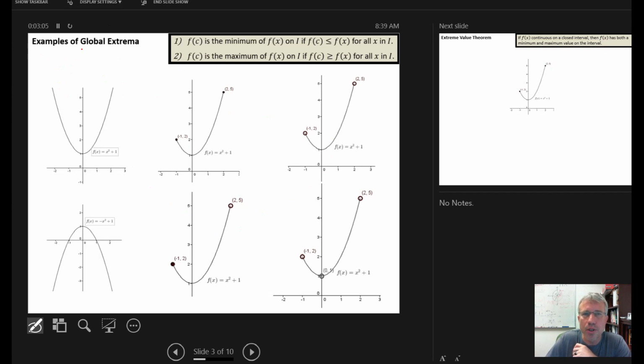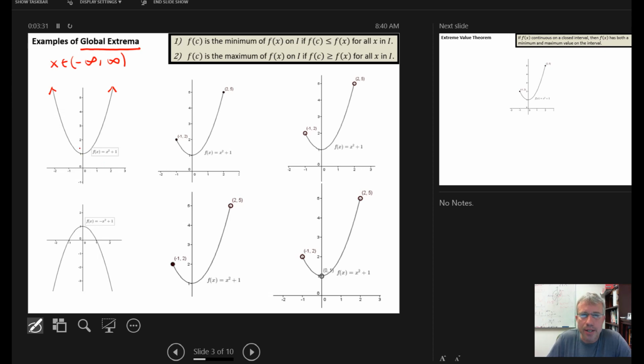So if we're looking for global extrema, the largest or smallest possible output on an interval, first you look at the function you're working with. So here I have a parabola opening upwards, and the GeoGebra convention is that there are arrows there. And this function has been given to me over the open interval from negative infinity to infinity.